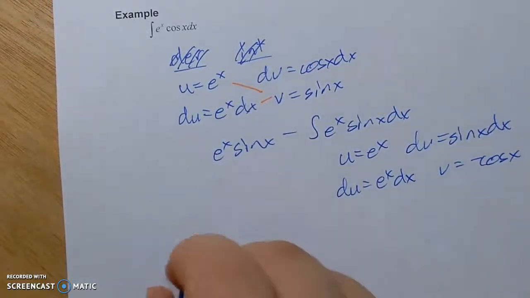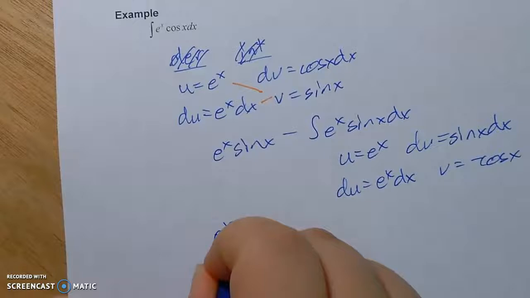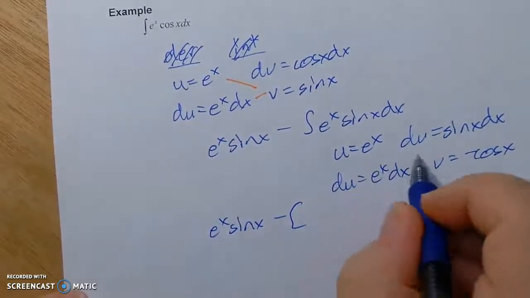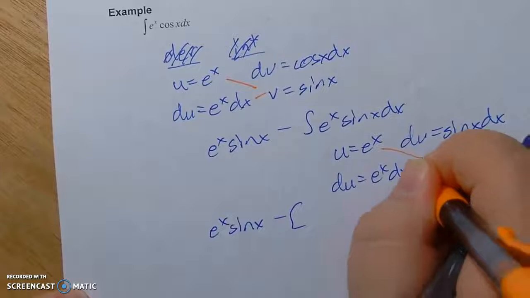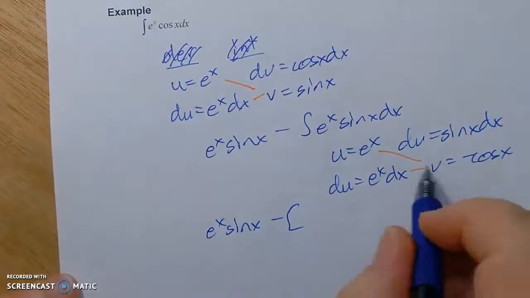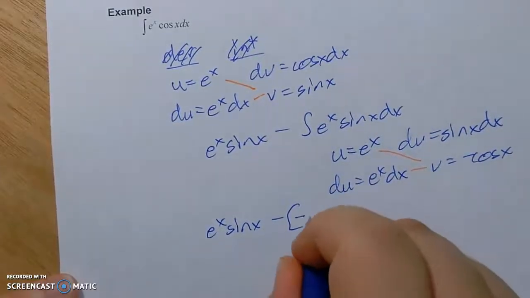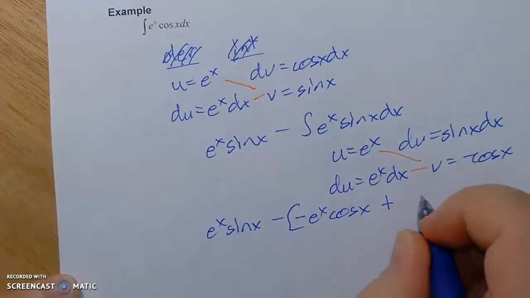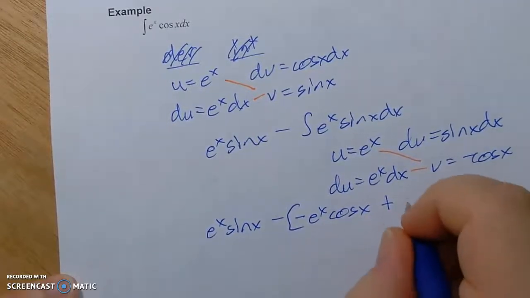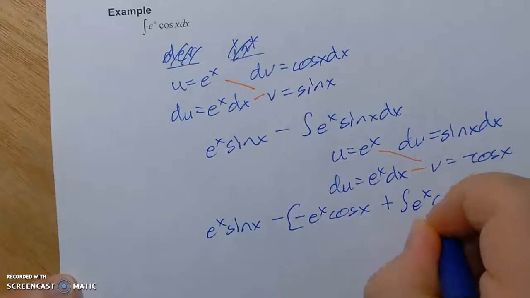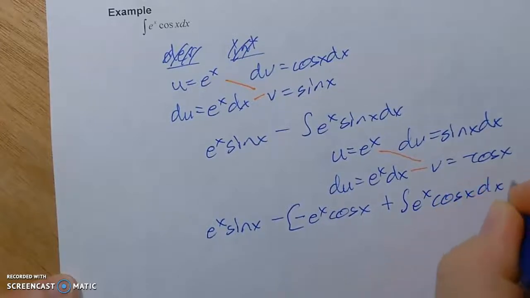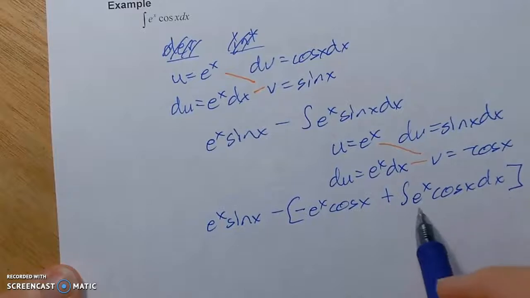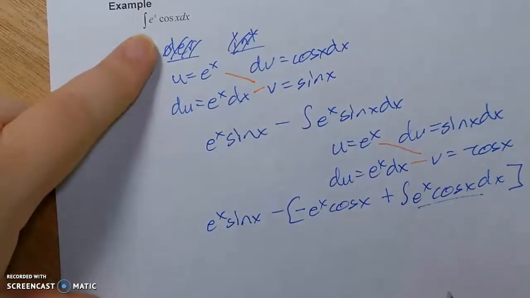So this drops down and we have e to the x sine x minus, now we're doing cross and across, so negative e to the x cosine x plus, because it would have been minus negative, integral e to the x cosine x dx. Well, this is what we had up top.